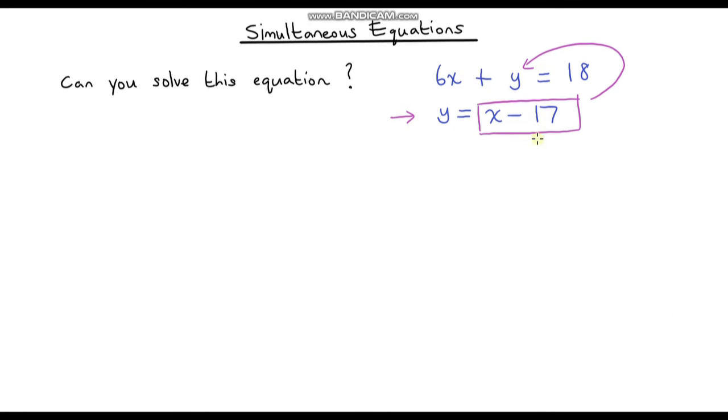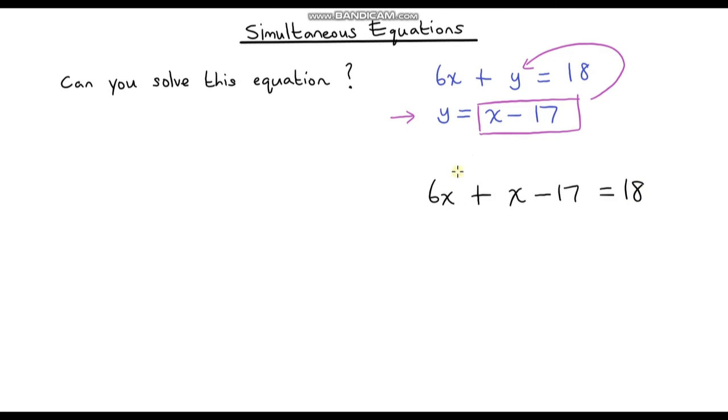So let's rewrite our first equation, and I'm just going to replace y with x minus 17. So we've got 6x plus, now again, instead of writing y, I'm going to write x minus 17, because they are exactly the same thing. And we know that equals 18.